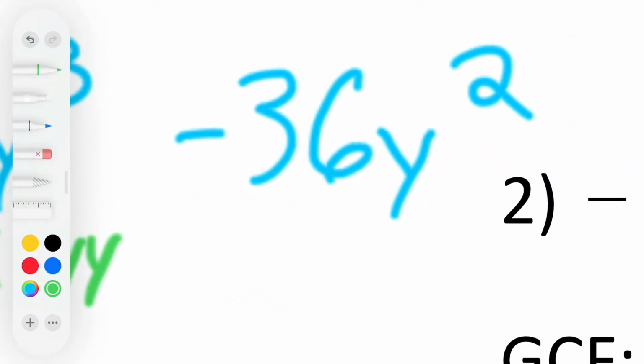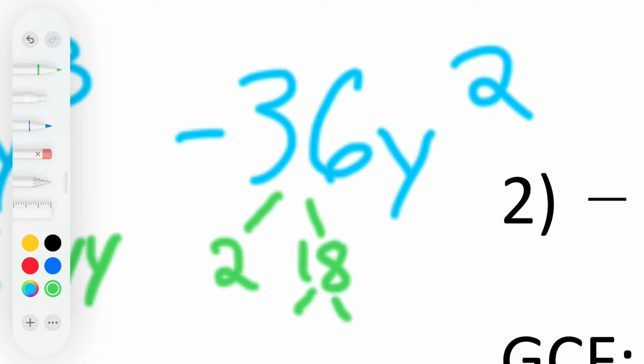Then our negative 36. We're going to take 36 and divide it by 2. We get 18. So the negative doesn't really matter. We only care about the 36 when we're dealing with our GCF. So 2 and 18.